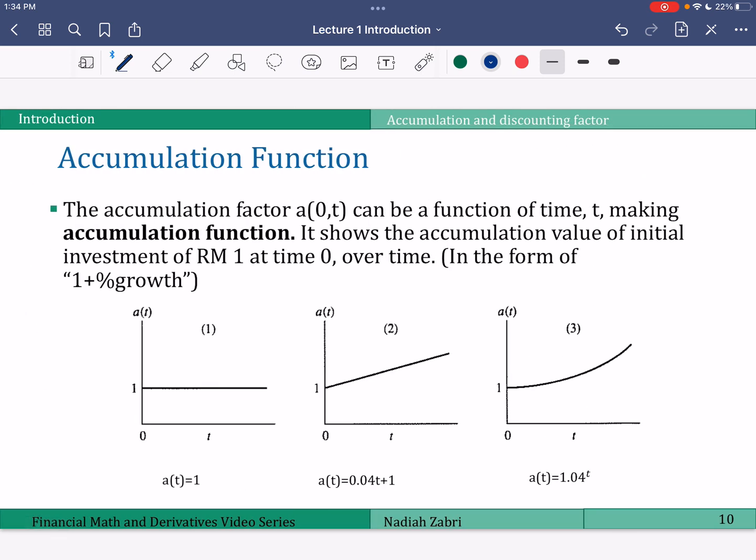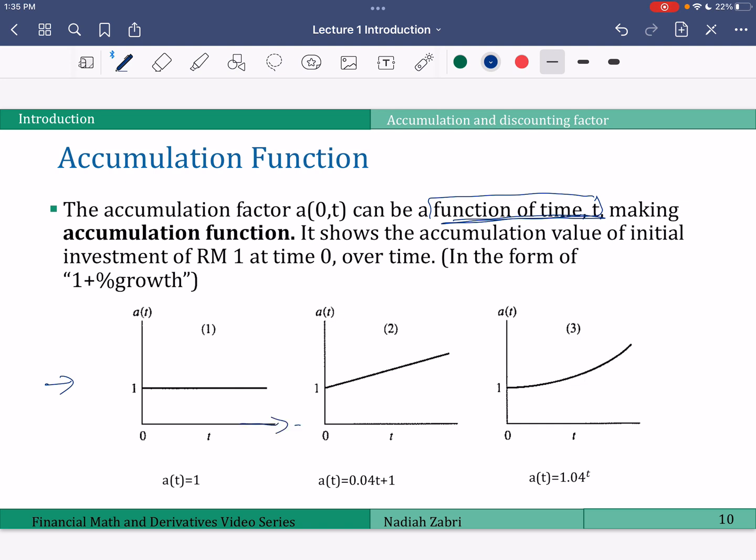Now let's look at the accumulation function. So if our accumulation value factor is a function of time t, here is an example.